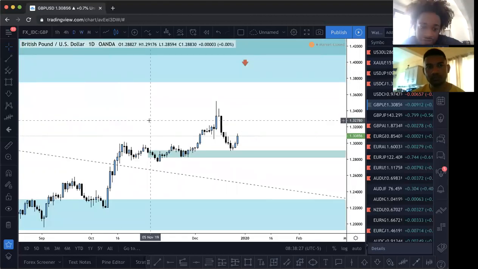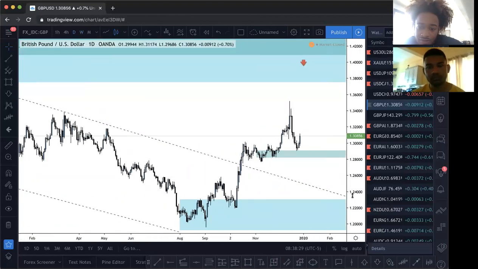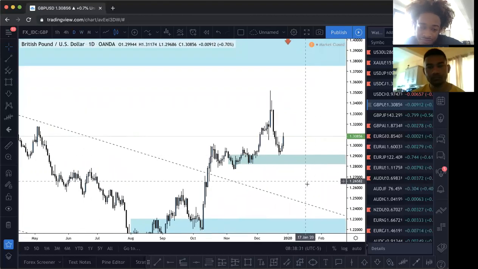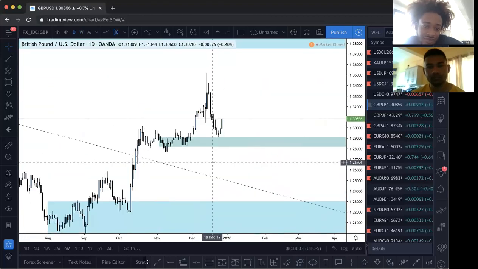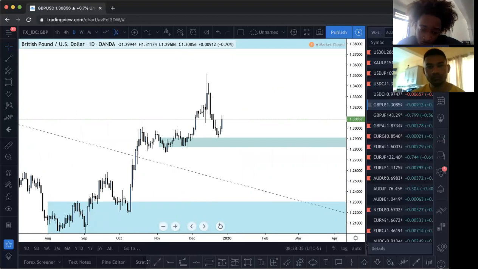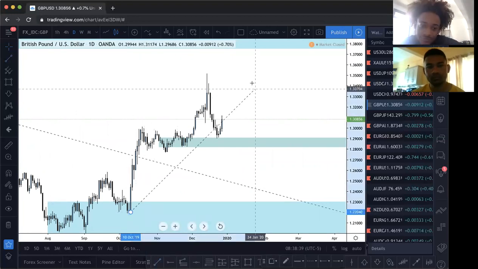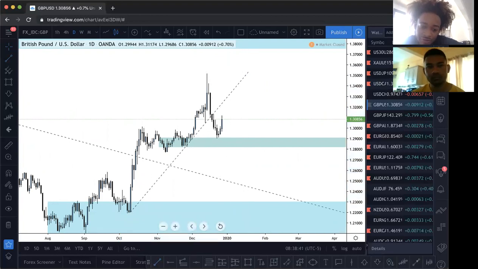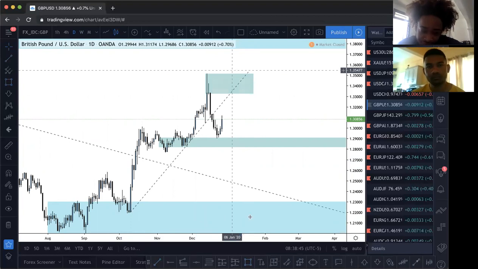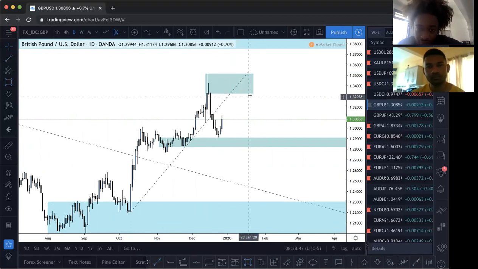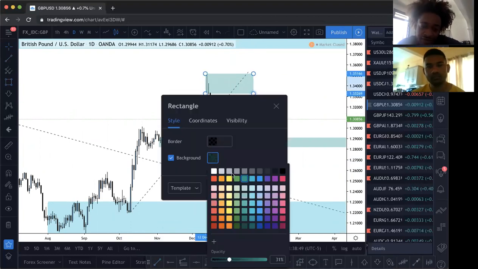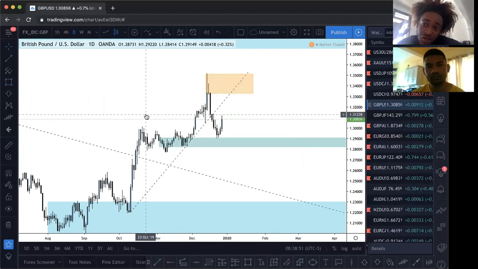Then you hop onto the daily. On the daily time frame, you can draw this trend line, right? So yeah, we have a daily supply here, right? Even though you have a daily supply here, you're not going to go short.